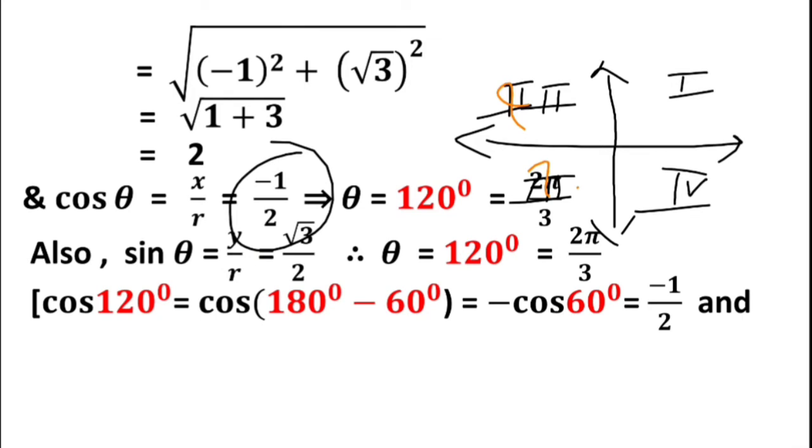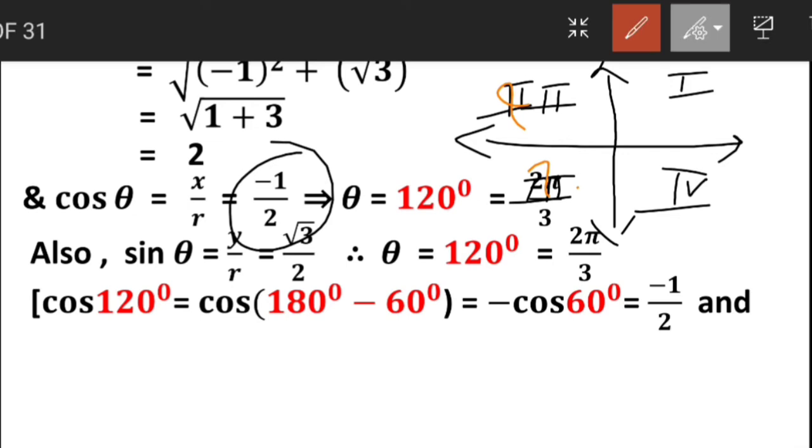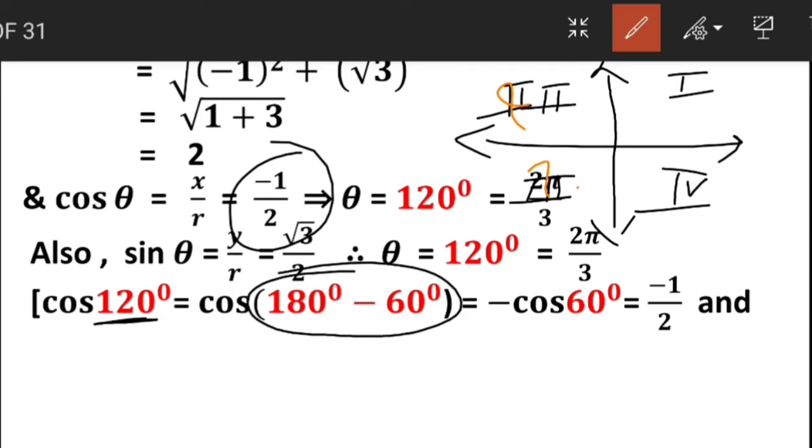You have to observe this angle: 180 minus 60 is nothing but 120 degree, and it lies in the second quadrant, and in the second quadrant cos is negative, so its value is minus. Cos of 180 minus theta is minus cos theta, so minus cos 60 degree, and that is nothing but minus half.